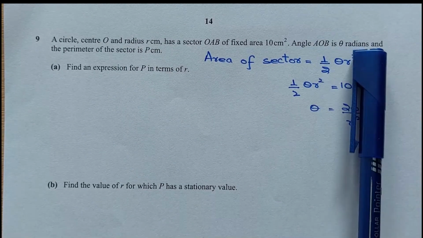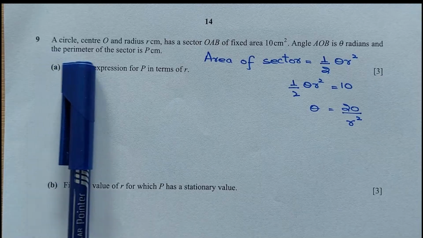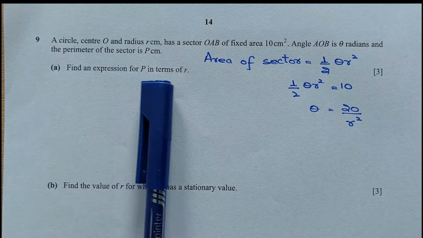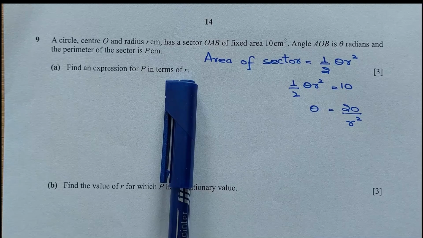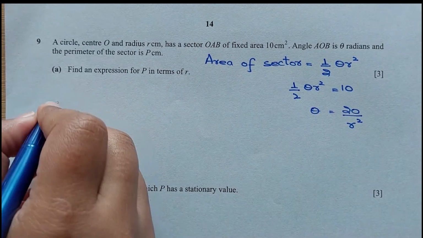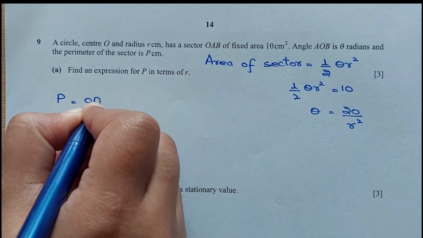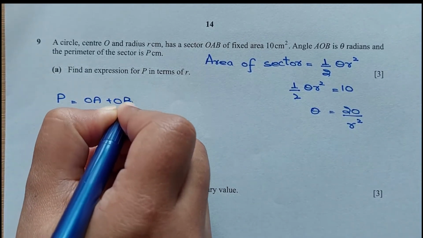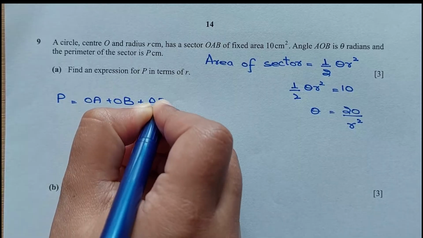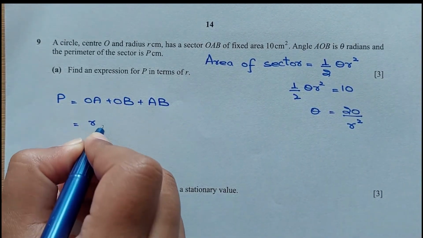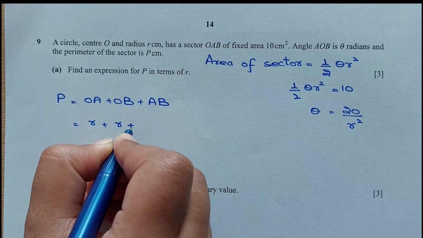Angle AOB is theta radians, and the perimeter of the sector is p centimeter. For part A, find an expression of p in terms of r. So perimeter of sector AOB means OA plus OB plus AB. OA is a radius, that is r. OB is a radius, that is r.